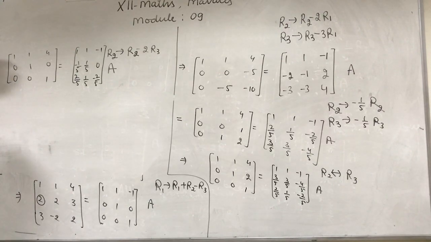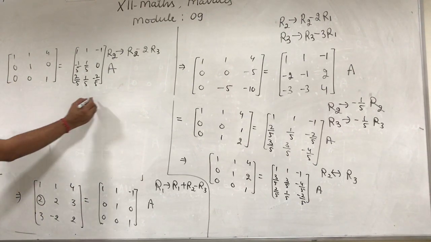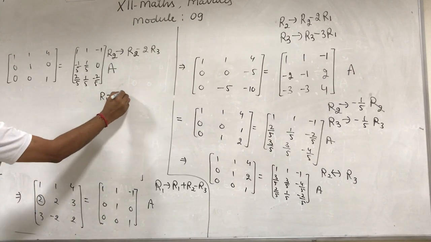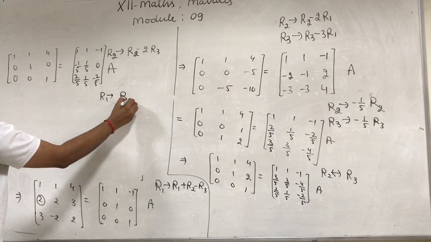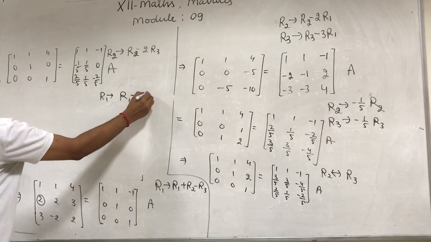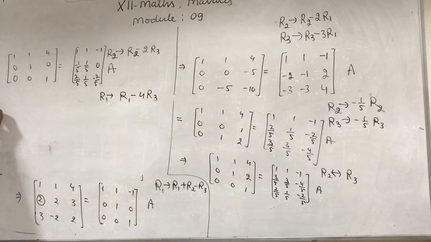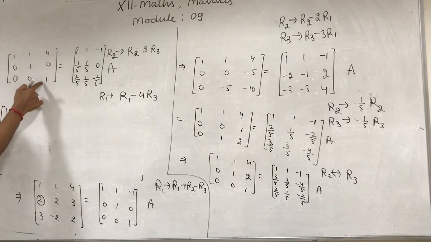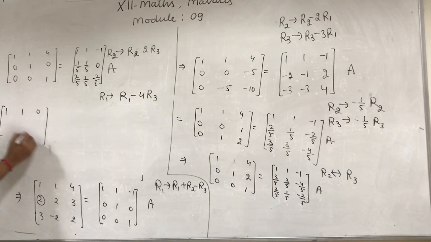And now we will change this 4. R1 change to R1 minus 4R3. This will become 1 minus 0, 1. 1 minus 0, 1. 4 minus 4, 0. 0, 1, 0. 0, 0, 1.